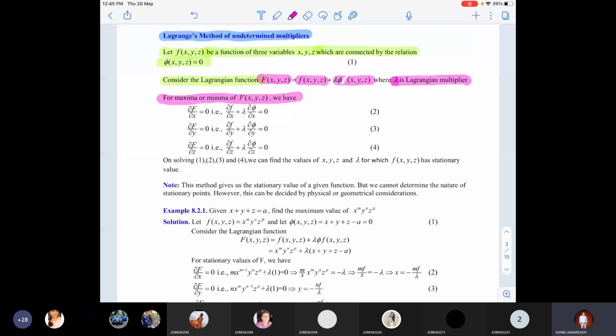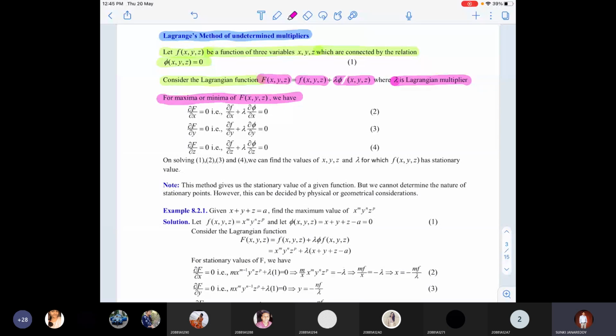Connected by the relation means x comma y comma z are connected by the relation phi of x comma y comma z. This is the Lagrangian equation or auxiliary equation.